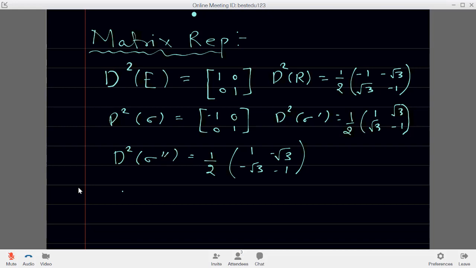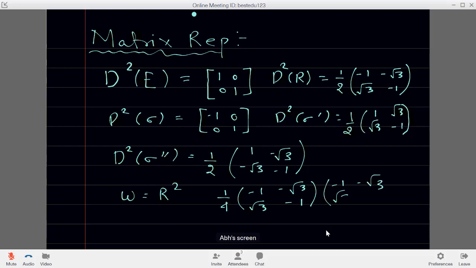For example, we know that W equals R squared. So square the matrix R and see if you get W. I get 1 by 4 times the matrix minus 1, root 3, minus root 3, minus 1, multiplied with itself, and you should check that you will get the matrix representation of W. Did I mention it?